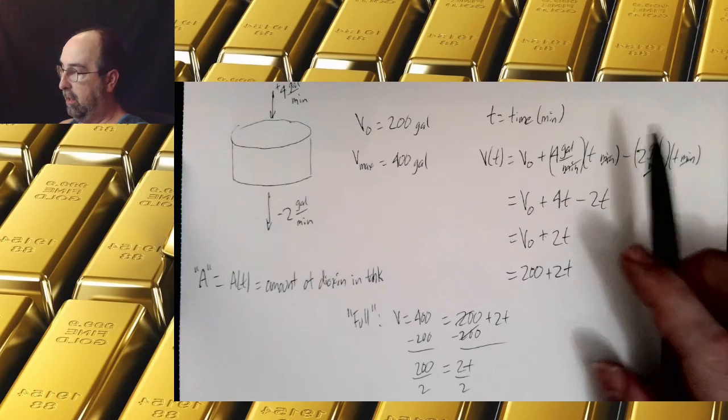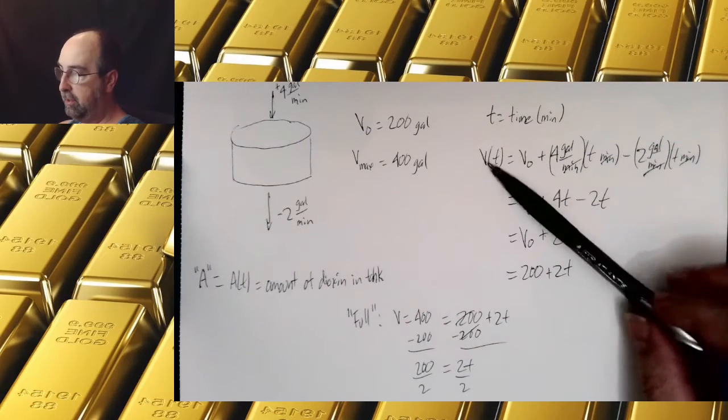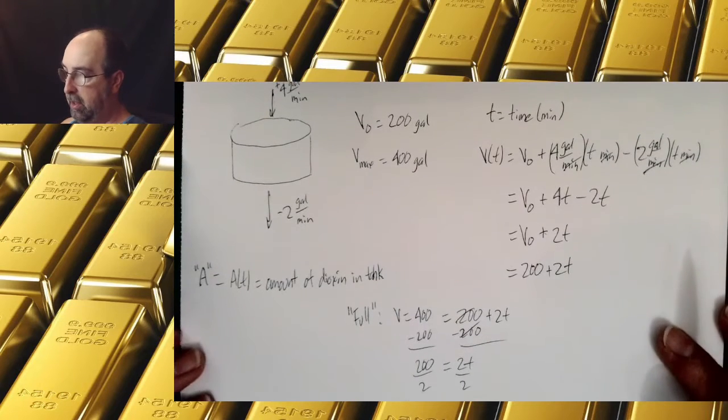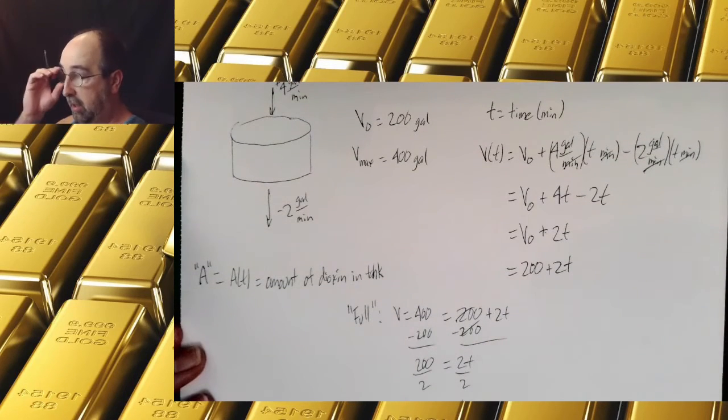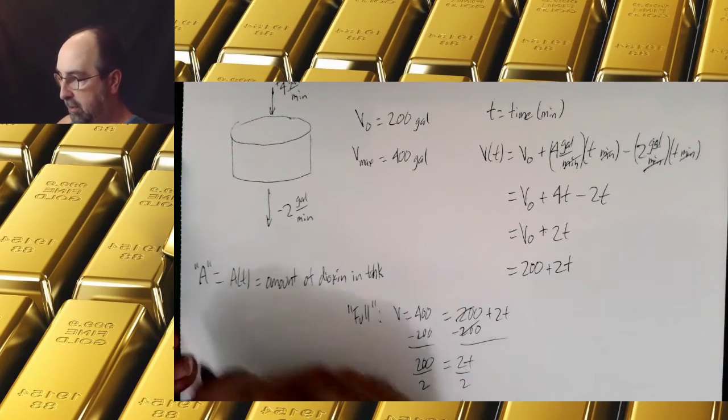Now, we're getting volumes in gallons, but we're getting concentrations in parts per billion. It will be a little bit awkward, but one thing that we could do is we could express the amount of dioxin in the tank by multiplying the volume by the concentration.